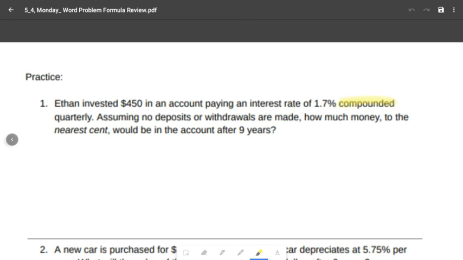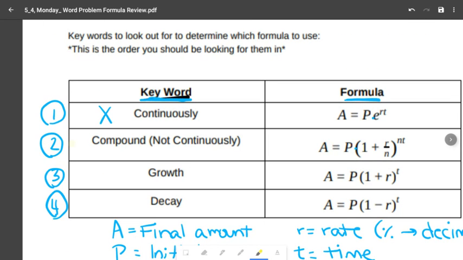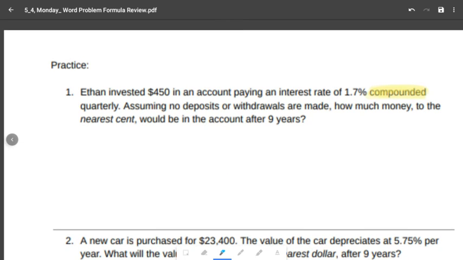Well, the word compound is right here. So that means that I'm going to be using the second formula here. If the word compound was not there, I would continue down my list. But because it was there, we're going to use that formula to the right: A equals P times (1 plus r divided by n) to the nt power.